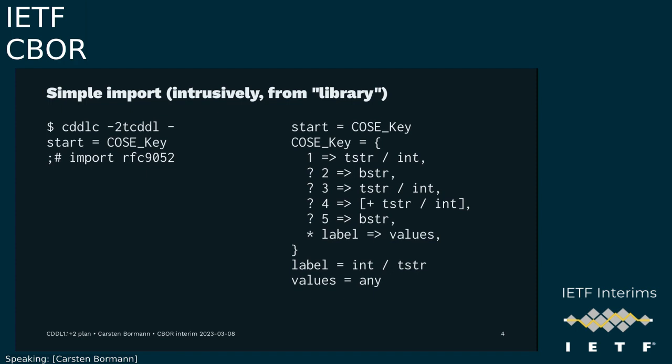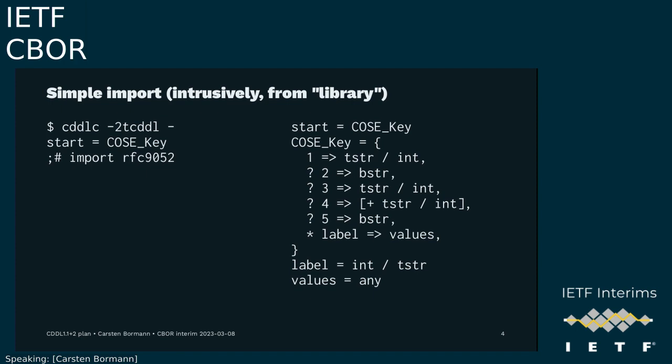One is a CDDL rule that is actually CDDL1, and one is an import directive, which is what we are adding here in this CDDL2 iteration. So in this case, the CDDL is very short. It just says the start production is COSE key. And apart from that, we are importing everything we need from RFC 9052.